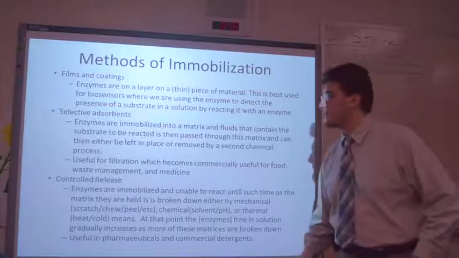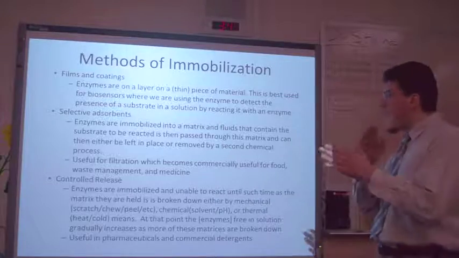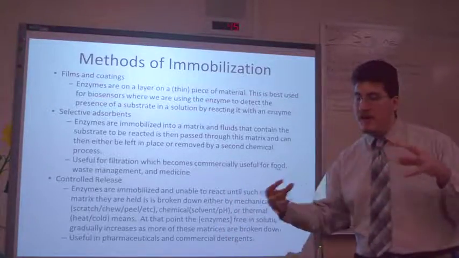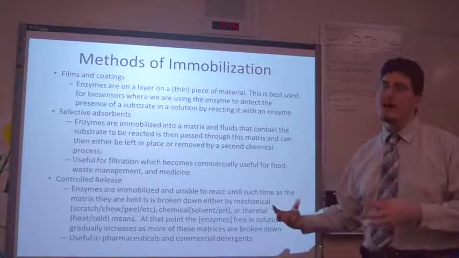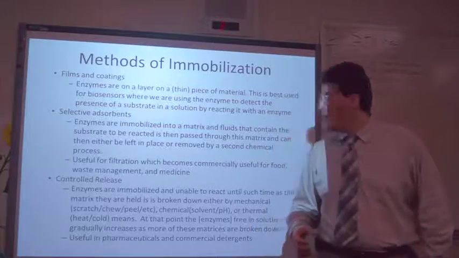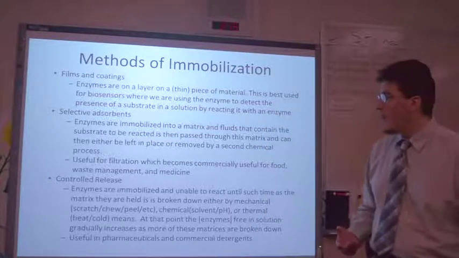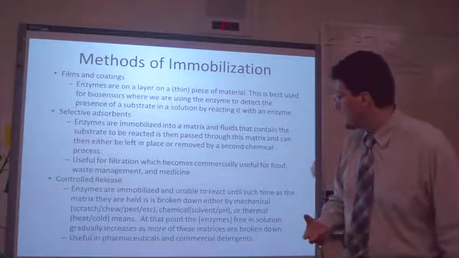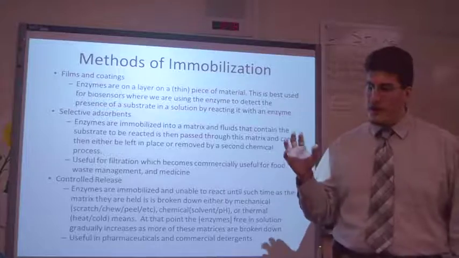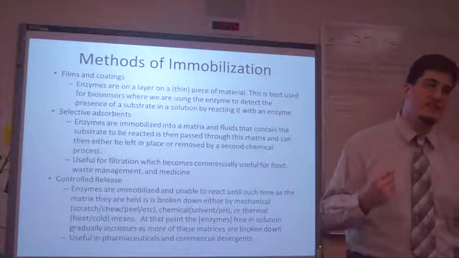Selective adsorbents. When you immobilize an enzyme in a matrix and then pass a substrate solution through it, you come out on the other end with your product solution. This is often useful for filtration. A controlled release. This is sort of when you're keeping an enzyme from functioning until it's ready.